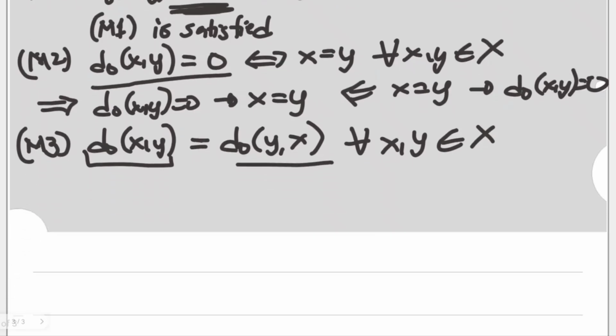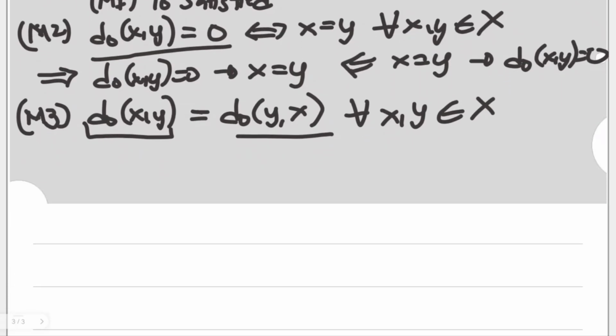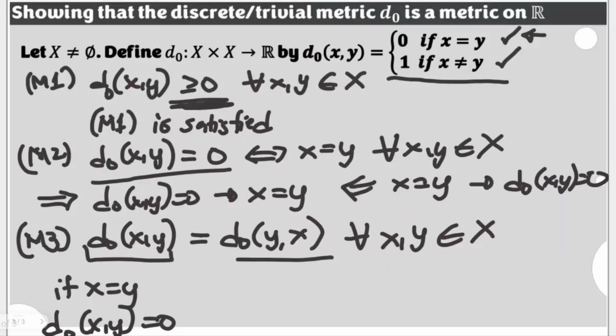Now, there are two possible situations that can be drawn here because of our piecewise function. What if x is equal to y? That would mean, per definition, the distance of x and y is equal to 0, because they are the same based on the definition itself.